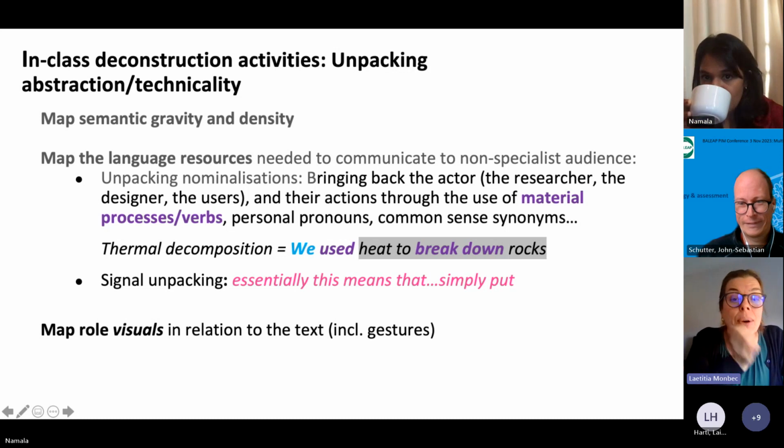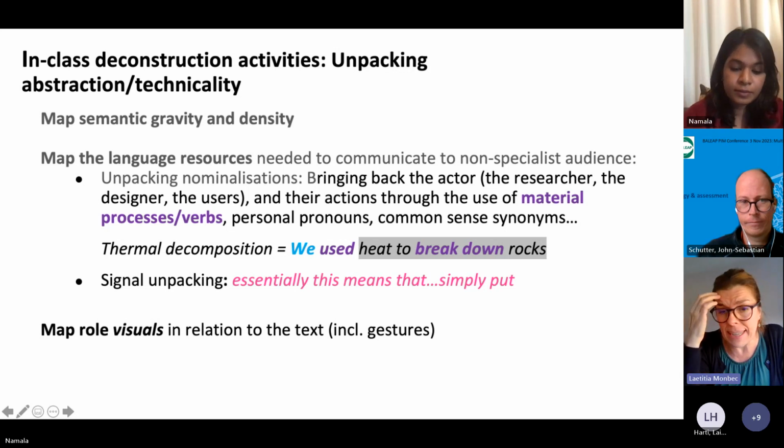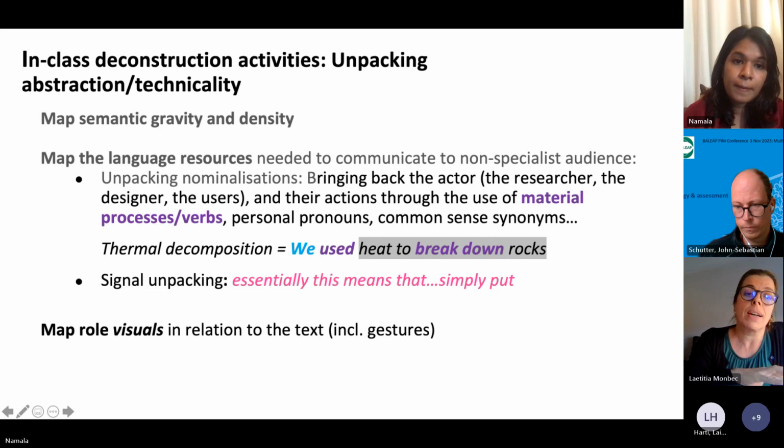Thank you. Okay, so I'll show you just briefly how these translated into concrete class activities and materials we wanted the students to engage with, so that they would become familiar with those different communication strategies. We used Semantic Gravity as an overall framework along with genre.